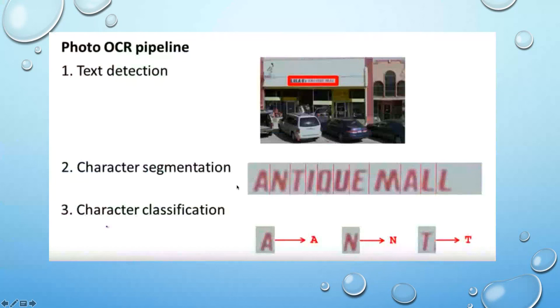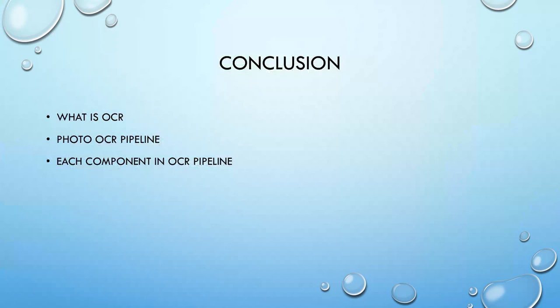And then we do the character classification, and once we do, we know exactly what each character is. That is the photo OCR pipeline.